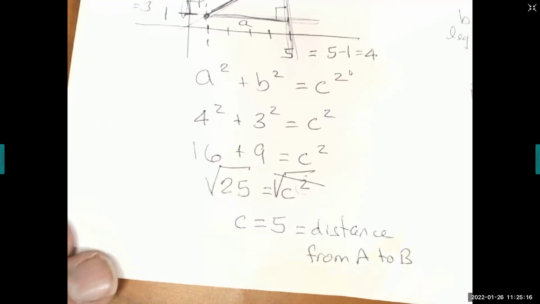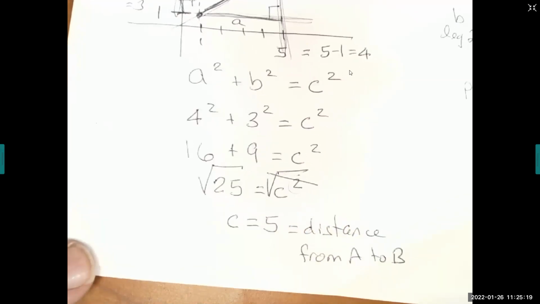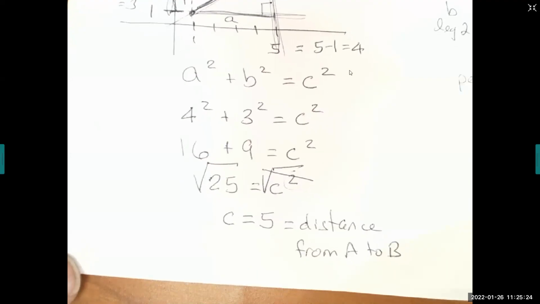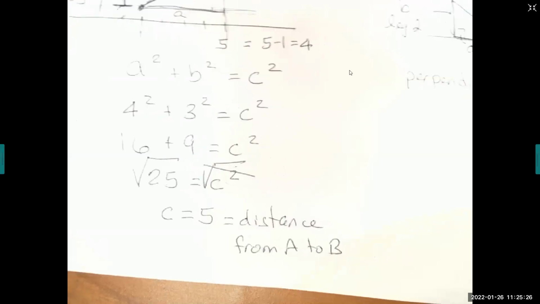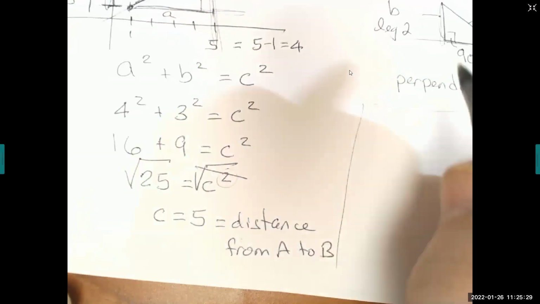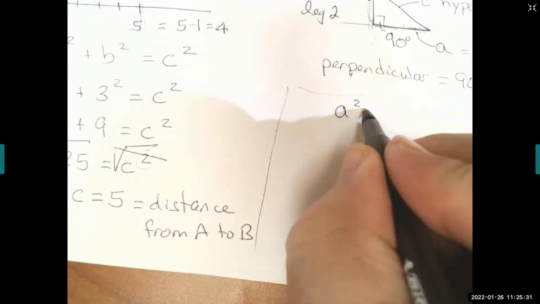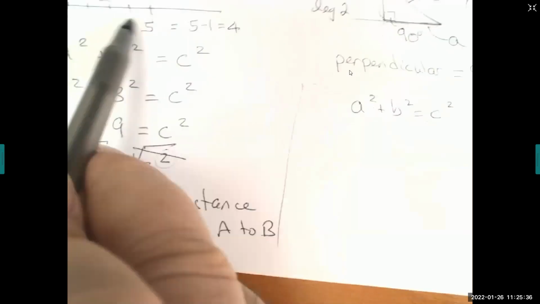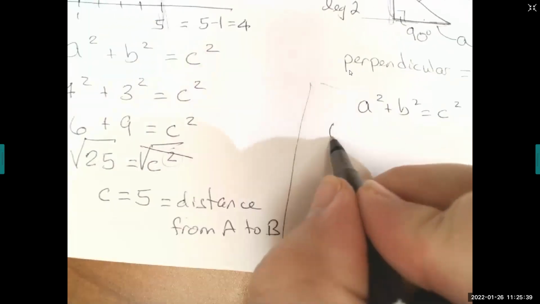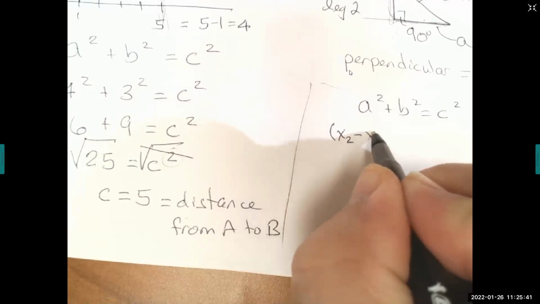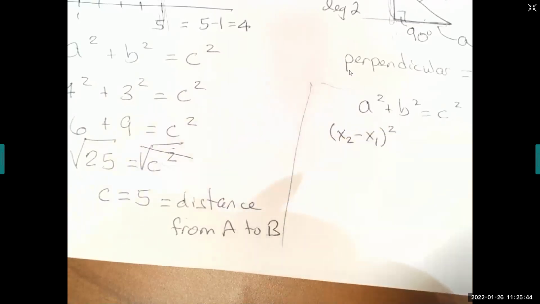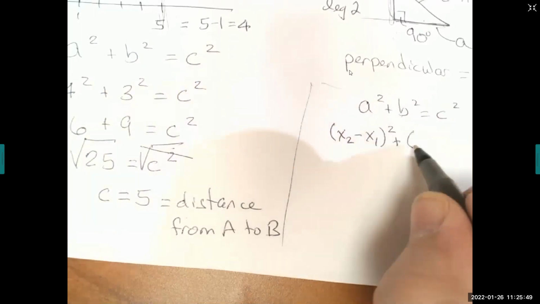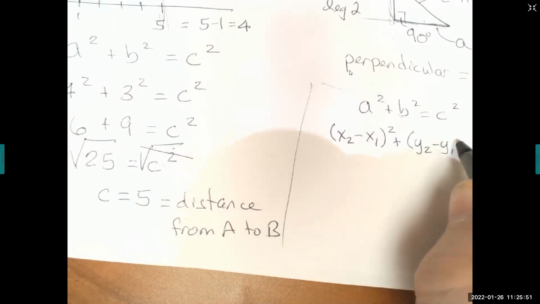So let's see how this formula develops. We started off with a squared plus b squared equals c squared. A squared was the horizontal distance. The distance there was x2 minus x1. b squared is the vertical, so that's y2 minus y1.